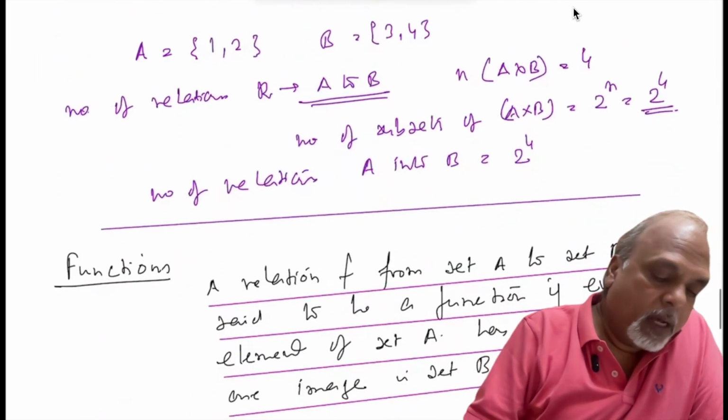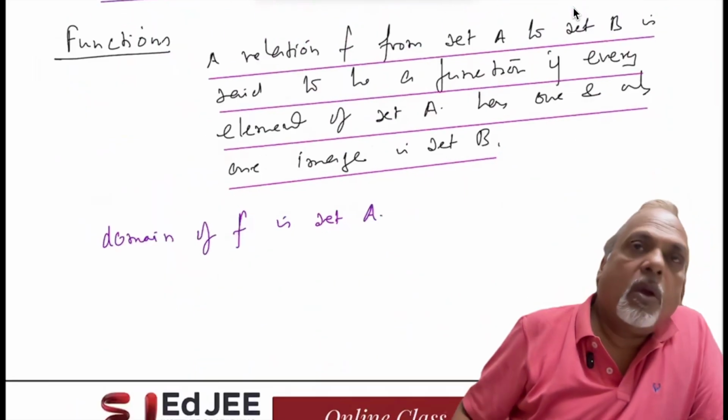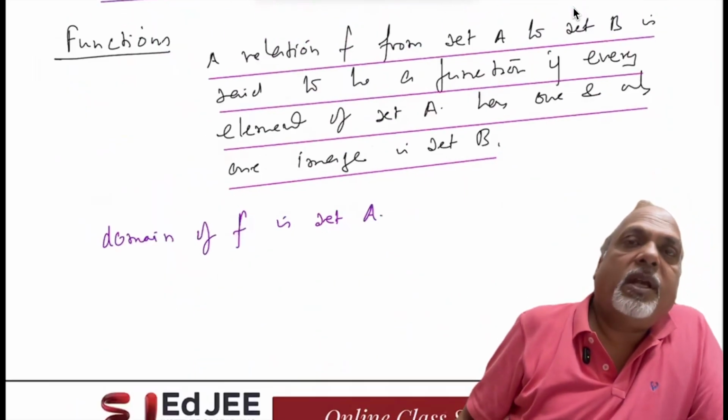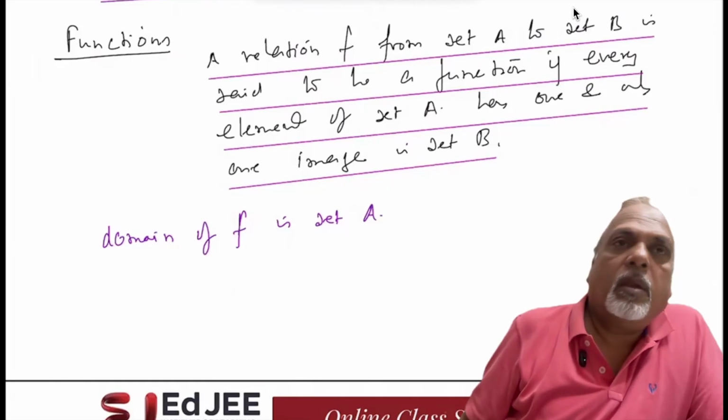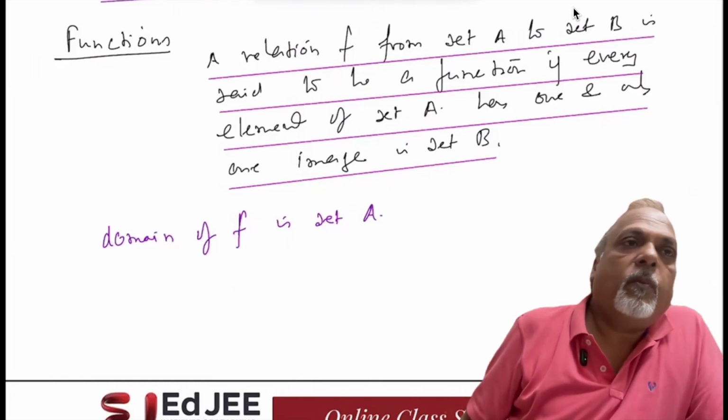But here, every element of set A should have a distinct image in the codomain. Correct.